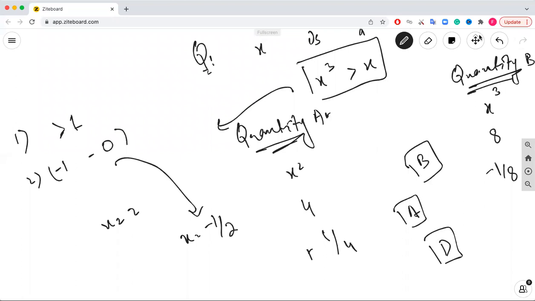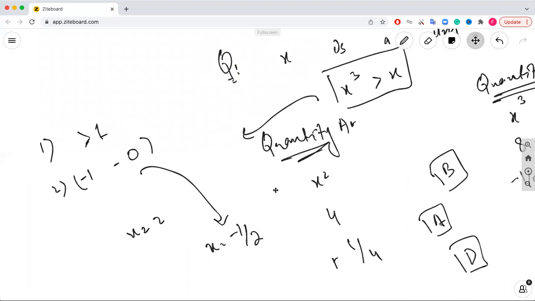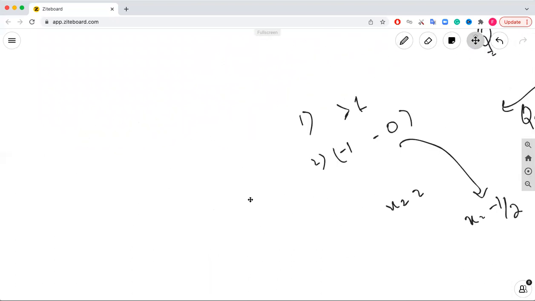There is one more way to solve this question, that is related to inequalities. Just to give an idea, we have x cube is greater than x, right? If you take x to the left side, this will become x cube minus x is greater than 0. Now, if I take x common, this will become x into x minus 1 is greater than 0.